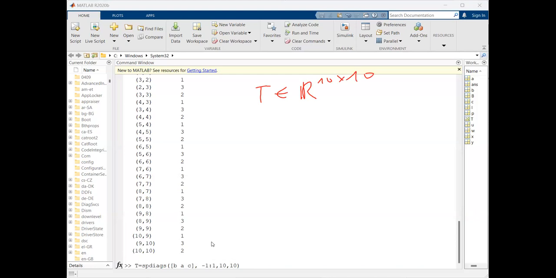Sparse diagonal means that where this B is, we have 2 on the main diagonal, 1 on the sub-diagonal, and 3 on the super diagonal.